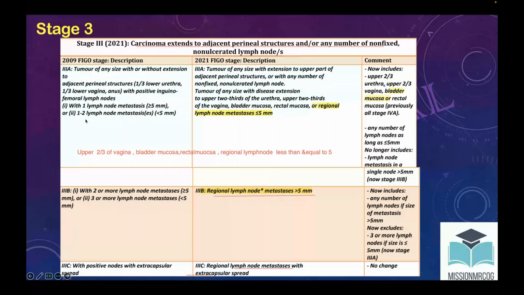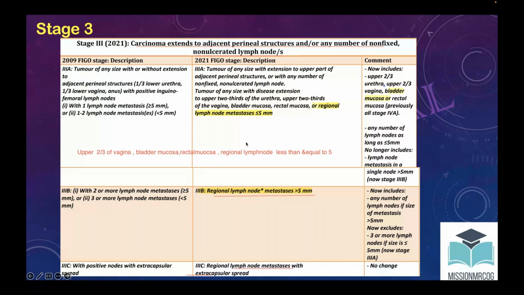Now it has been changed, so in my opinion it has become a little easier, because you need not remember any number of lymph nodes. Now only regional lymph node metastasis less than or equal to 5 mm. Okay, so this is 3A and there is a change there.